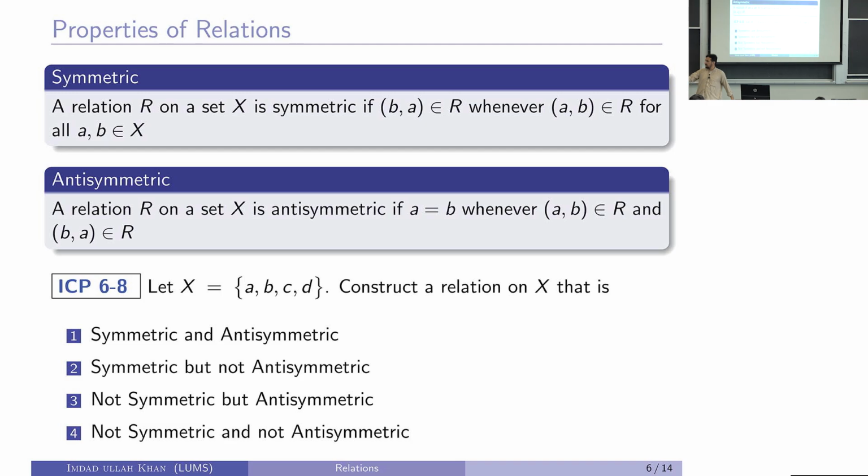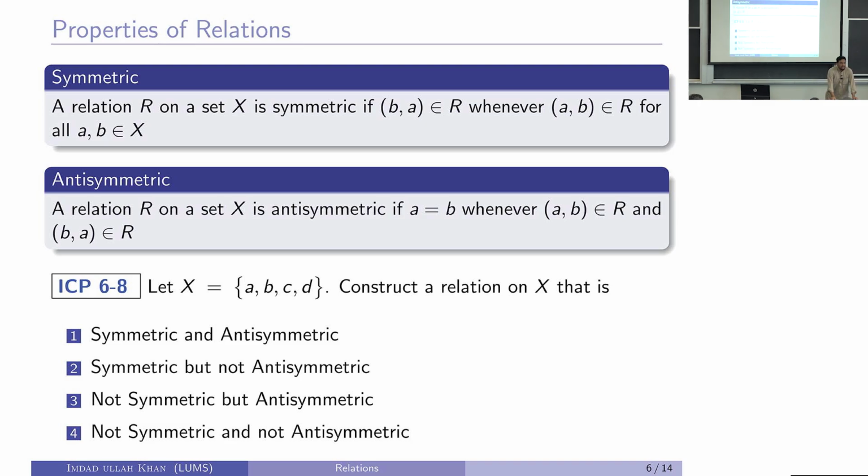Somebody was saying something. You could write an empty set for what? Not symmetric and not antisymmetric? So the empty set, you think, is not symmetric?